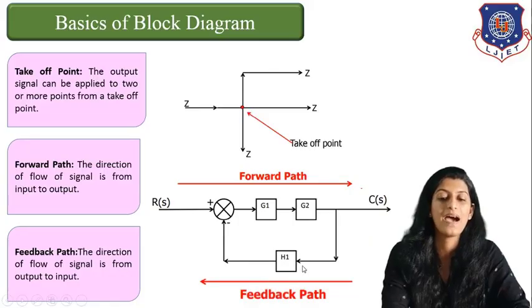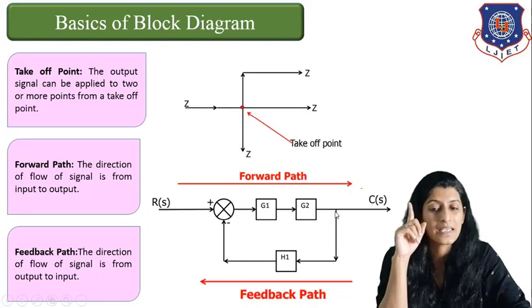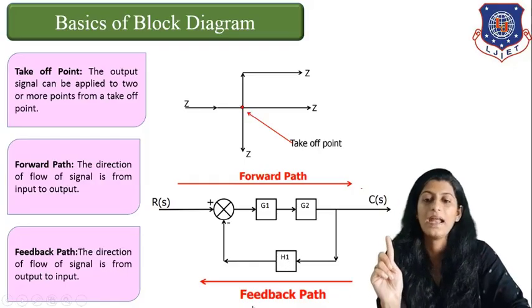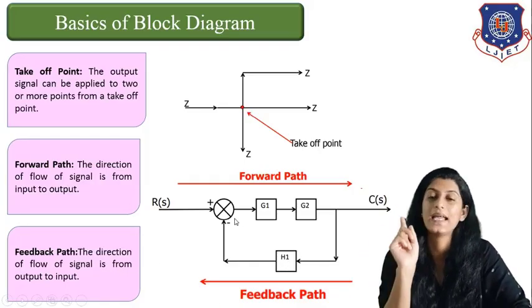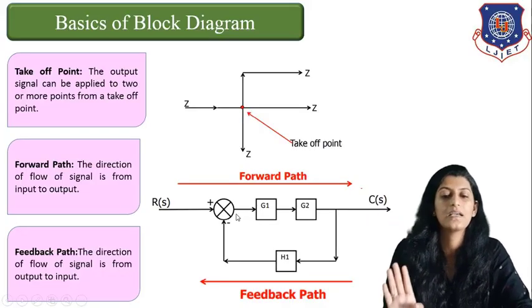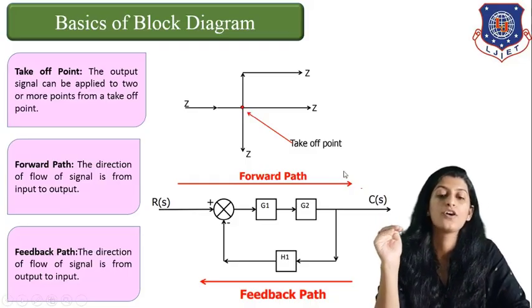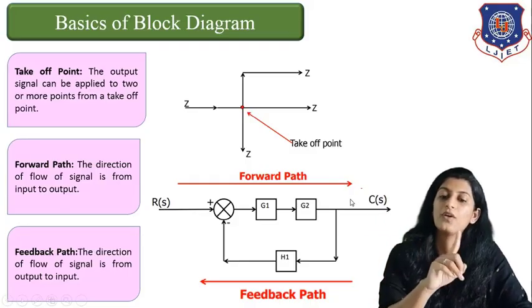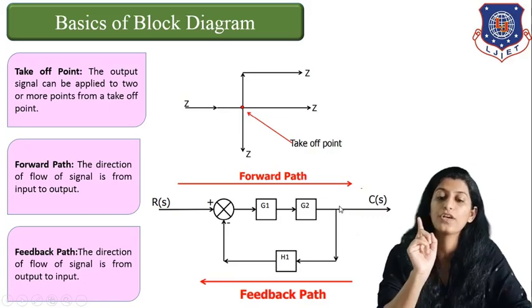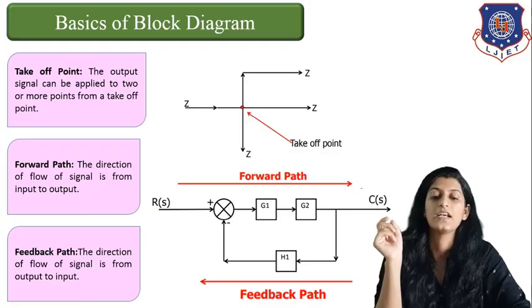So the feedback path is given by moving from C(s) to H1 and again to R(s); that is considered the feedback path. Is it clear? Moving from R(s) to C(s) is the forward path, and moving from C(s) to R(s) is the feedback path.